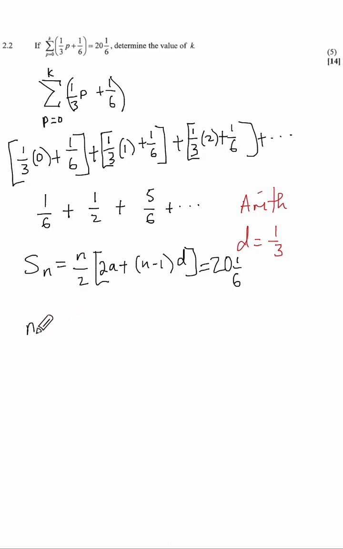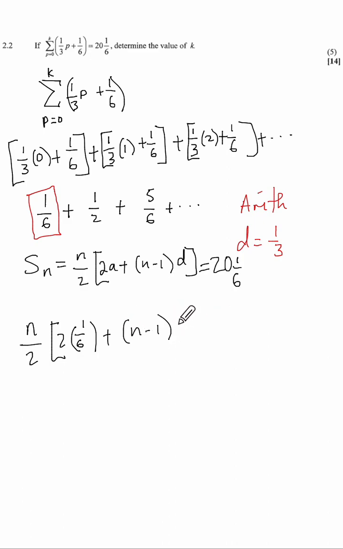So we don't know what n is, so n over 2 by 2a. a is the first term of our series, from the expansion that we did there. That's 1 over 6 plus n minus 1, by d. d is a third.